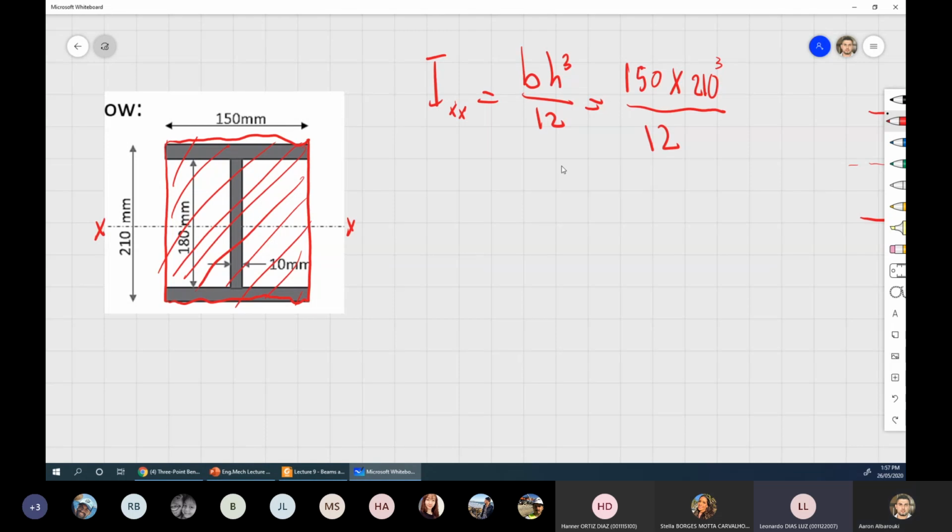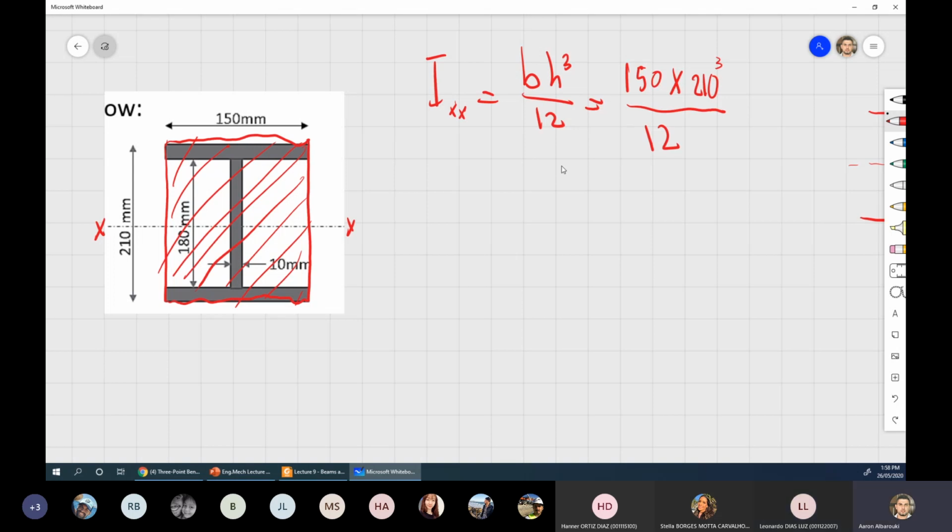Then times 180 cubed divided by 12. Then I will take this result and subtract it from the first one. Yeah, that's right. Perfect.